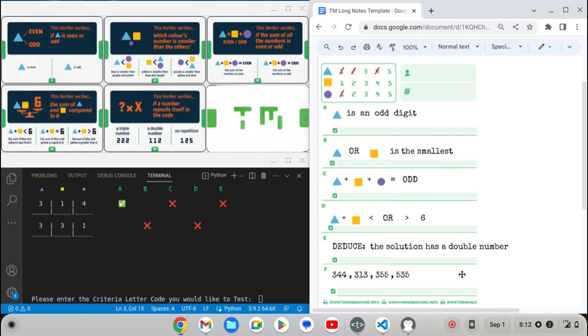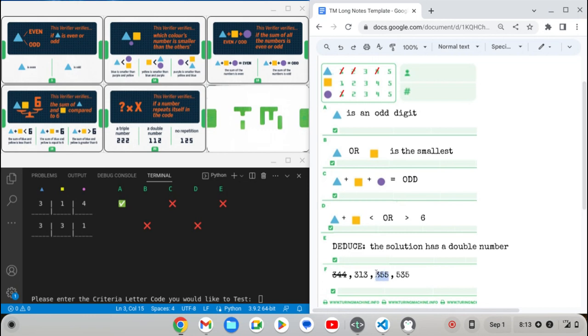Can we differentiate? Let's take a look at triangle first. Is there a difference between 344 and 355? They both have a sum that's greater, and they both have 3 as the smallest, a square. I don't see a difference between 344 and 355, so I think I can cross out 344 and 355.